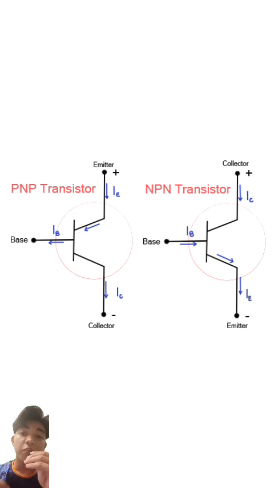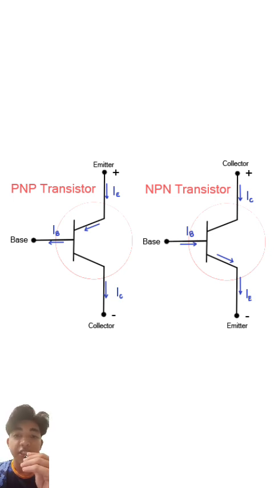Okay. For a BJT to operate correctly, the base-emitter junction must be forward biased and the base-collector junction must be reverse biased. This means the voltage at the base must be higher than the emitter in NPN or lower in PNP, and the collector must be more positive than the base in NPN or more negative in PNP.